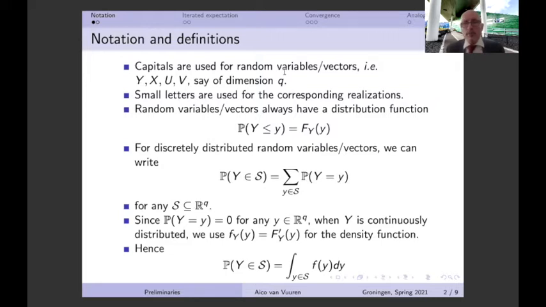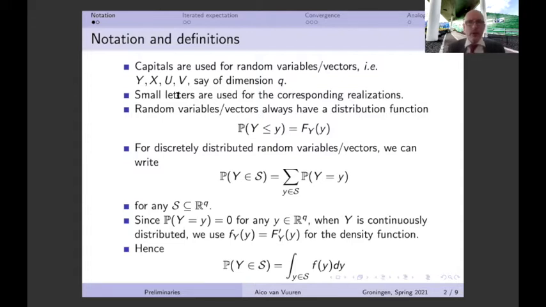But what we do know is that random variables have so-called realizations. And before I say a little bit more about these realizations, let me say that we're going to denote these realizations by small letters.